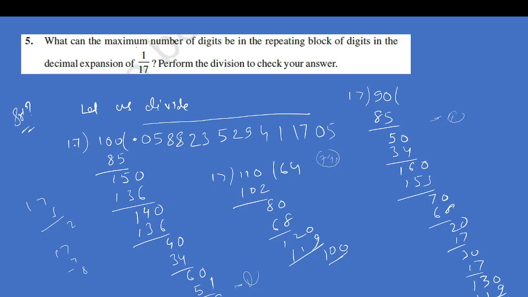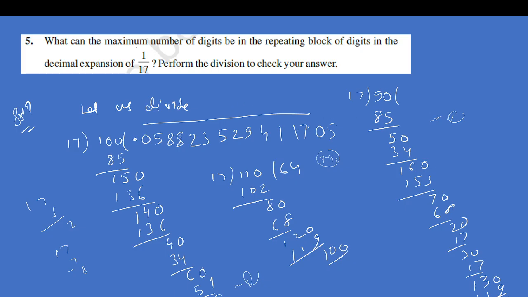So we keep on dividing. 17 into 1 does not go, so we put point 0. Again it will not divide, we keep 0 0. 17 5s are 85. We keep on dividing here and here. Then how many numbers have come? 0.05882352941170.